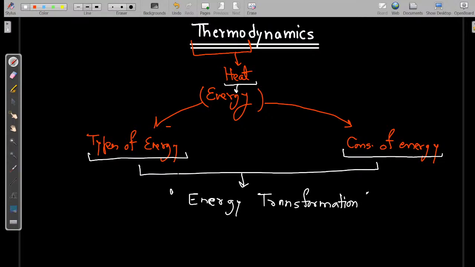On the basis of these three concepts, we will be dealing with the devices used for energy transformation, that is, systems that transform energy.